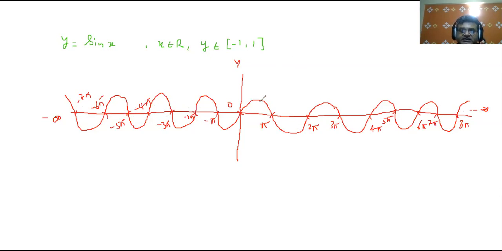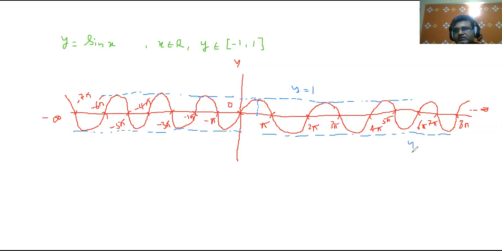Now we'll understand this portion. The highest value is going to be 1, which I have told you. This line is y is equal to 1, and this line is y is equal to minus 1.